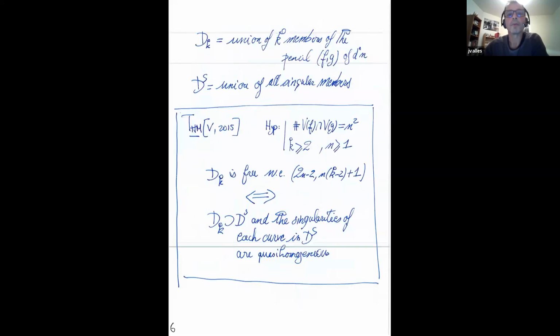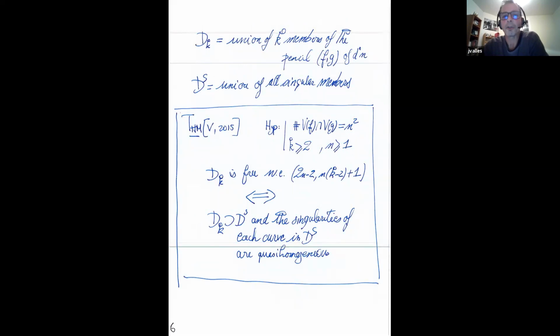So it's possible to remove the hypothesis that it is free with exponents. I mean, it's possible to not impose the exponent. They will come directly in the theorem. But there are some small cases, so I prefer to leave the theorem like this.